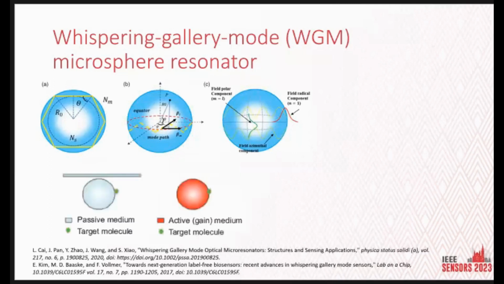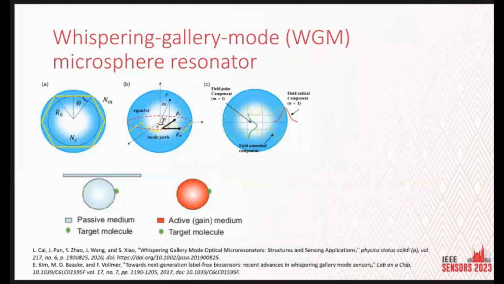There are basically two modes of whispering gallery mode generated from those spheres. One is passive mode, like looking through a passive medium. Basically, you have a laser coupled into your spheres, and you start this total internal reflection process.